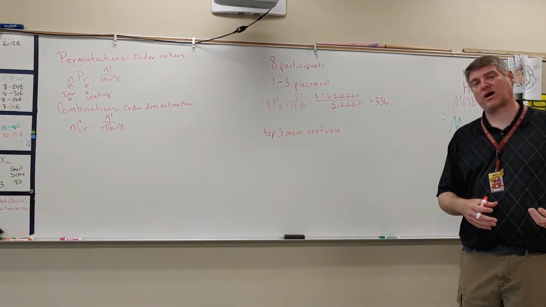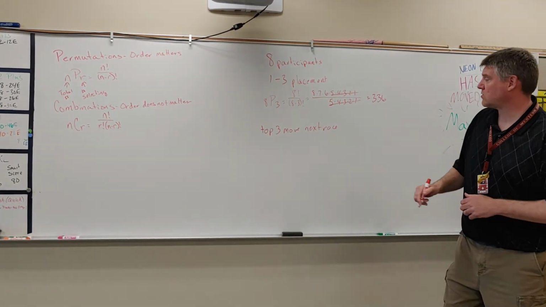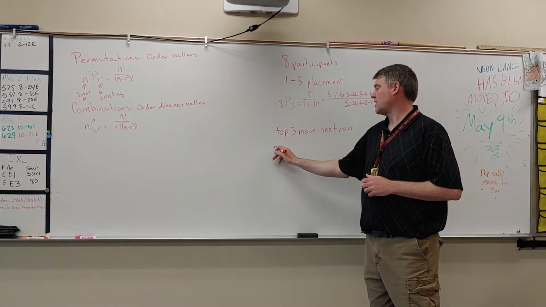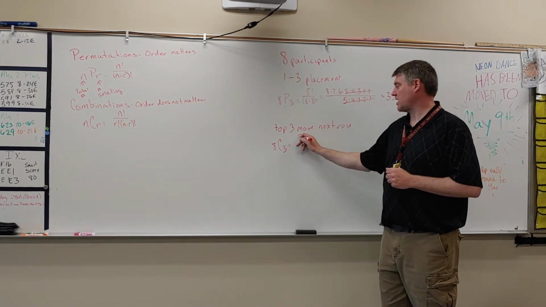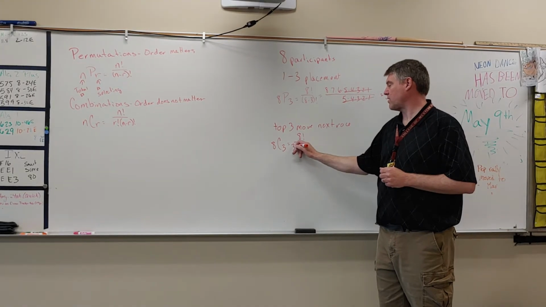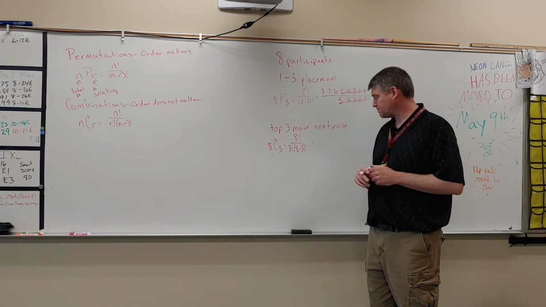We just need to know how many different combinations of people can move on. So now we've changed this to be a combination instead. So this becomes 8 factorial over 3 factorial and 8 minus 3 factorial.